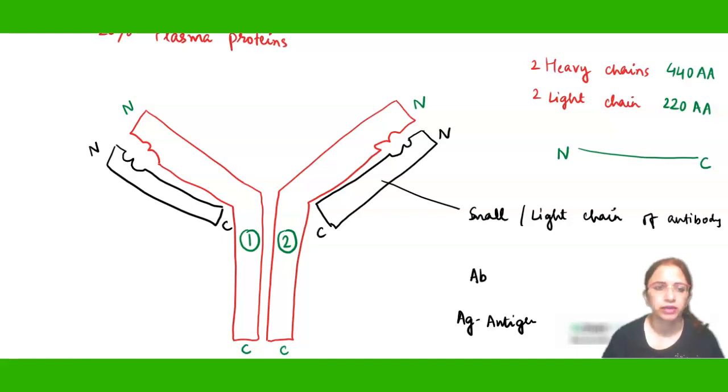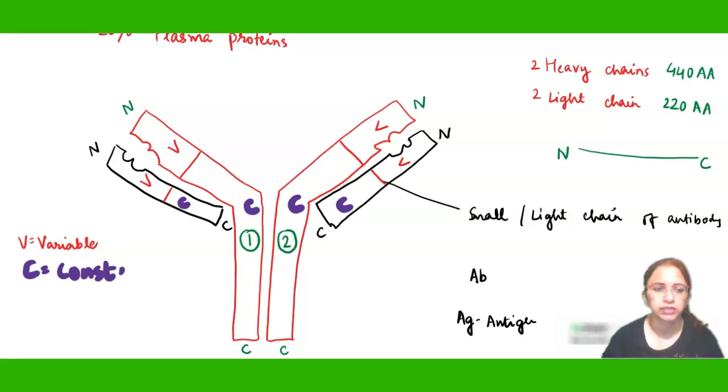Now one more thing, the terminal part of both the heavy and the light chain is known as the variable region. V here means the variable region, whereas the region beyond it is constant in nature, meaning the number of amino acids are fixed. They cannot shuffle.